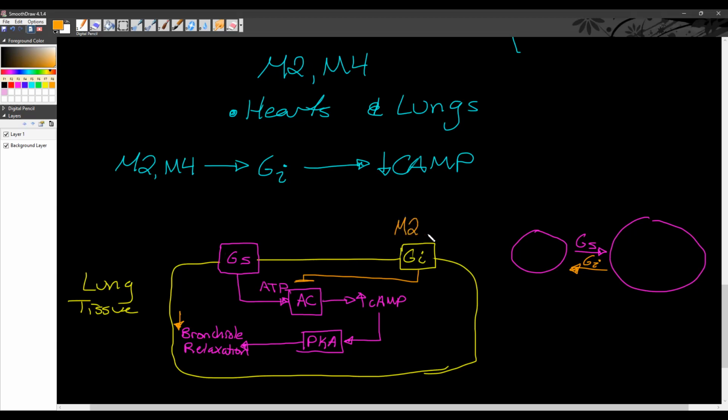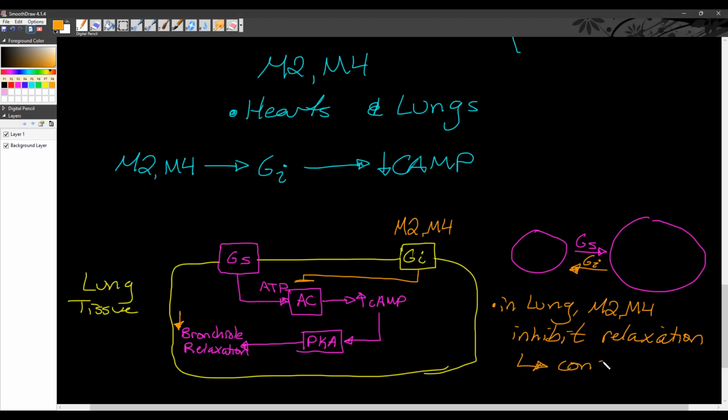M2 and M4 are the GI-linked receptors. And so in the lung, the muscarinic receptors inhibit relaxation. What does this appear like? Constriction.